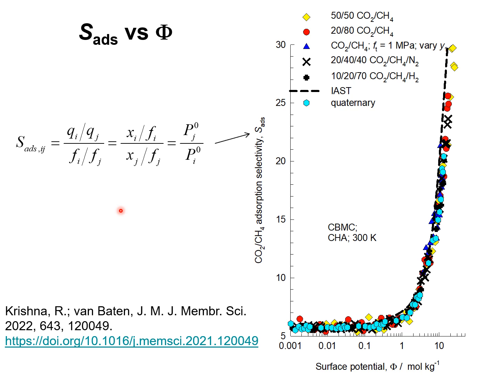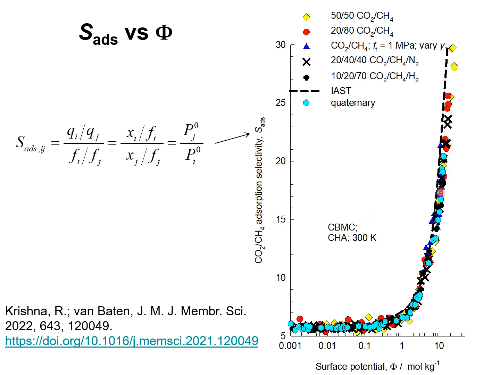In order to test the conclusion reached in the previous slide, that the adsorption selectivity is uniquely related to the surface potential, we carried out configurational-bias Monte Carlo simulations for a variety of mixtures. The yellow diamonds represent 50-50 CO2-CH4 mixtures.